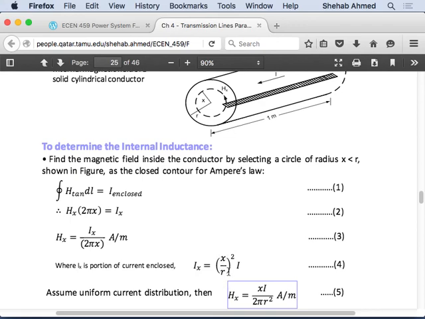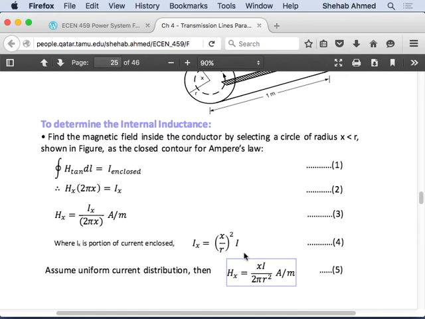But pi cancels with pi. So then I substitute, instead of Ix, I write the equation in terms of I, because I will later add this to the inductance due to the external effect, which will carry the full conductor current. So I wanted to find the relationship between them here. So I substitute Ix with I times x squared over r squared, and I rewrite h of x.